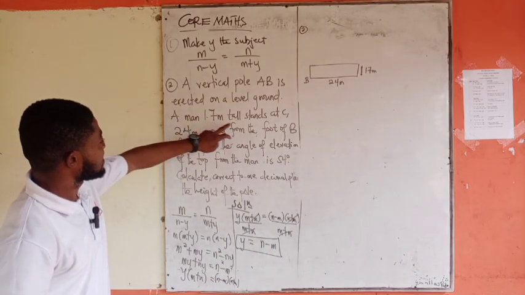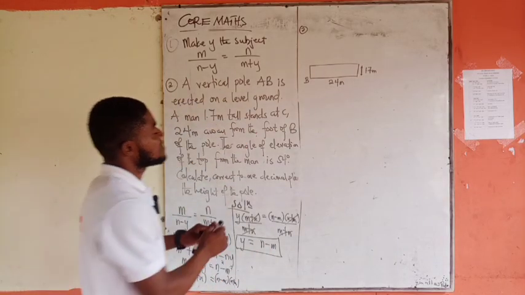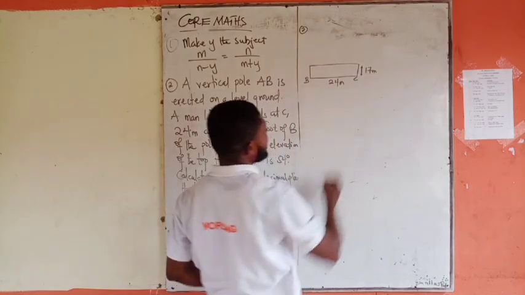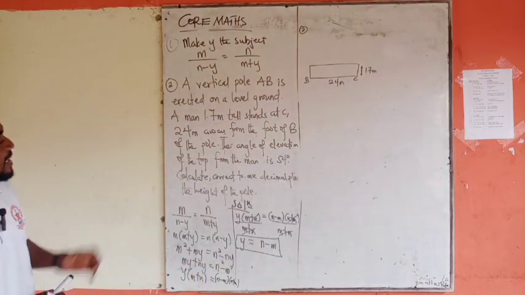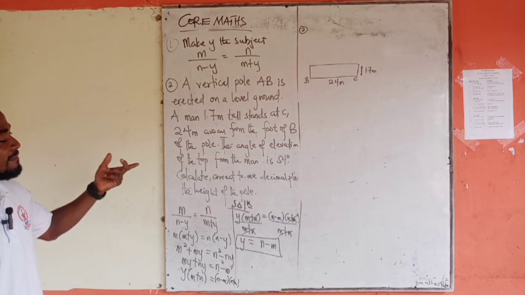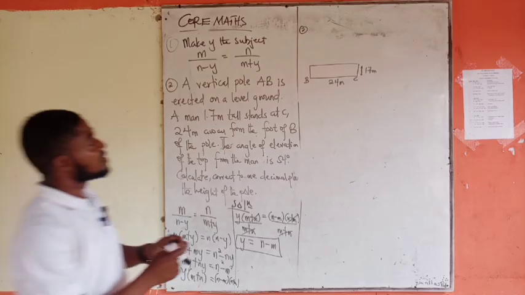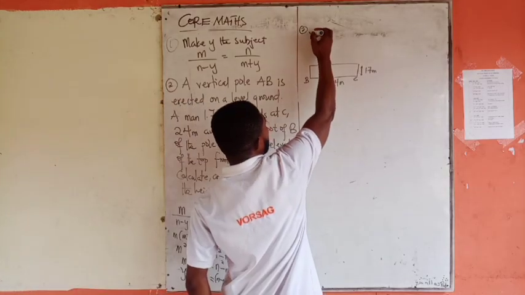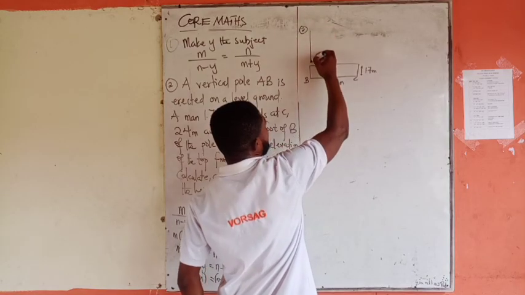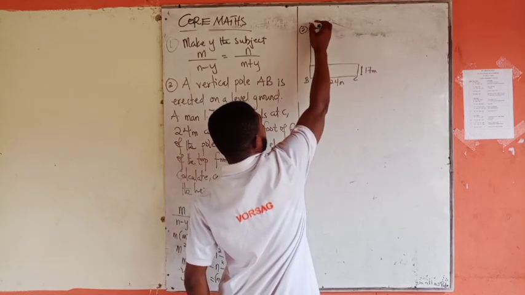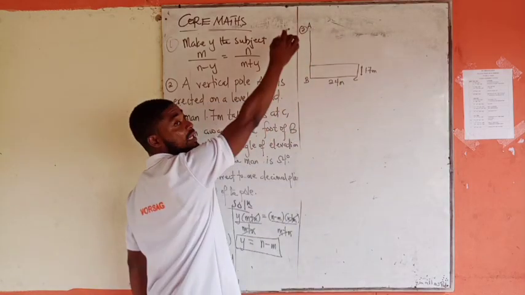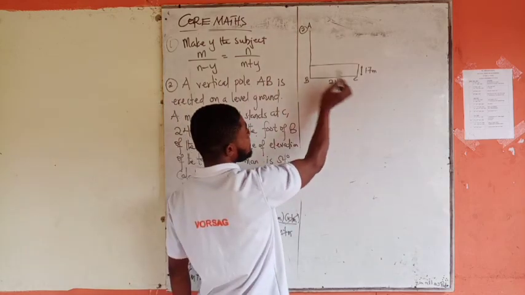So if B is here, a man 1.7 meters tall stands at C. So this is the point C. The man is standing away from the foot of the pole, and the angle of elevation of the top from the man. So this is the pole AB, and then the man is standing here.